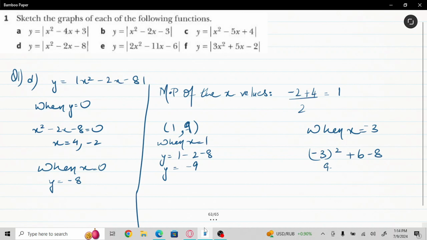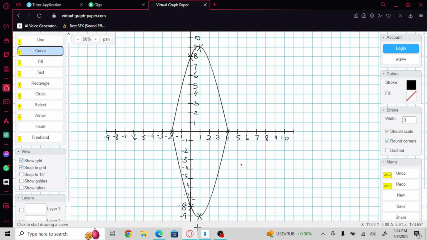So which is 9 plus 6 minus 8. And that's going to be 9 plus 6, 15, and 15 minus 8 is going to be 7. So y is equal to 7. Yeah, 7 is not a bad value, so I'm going to add it. So here, negative 3 and 7.